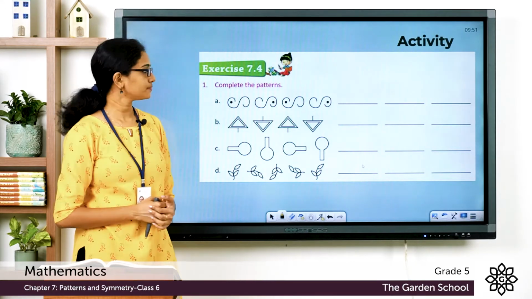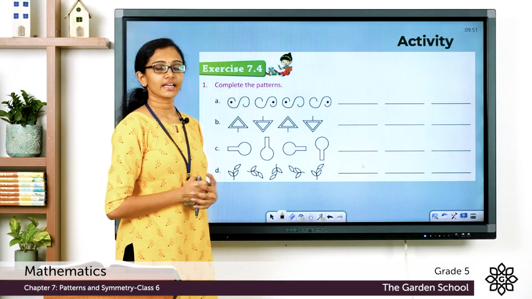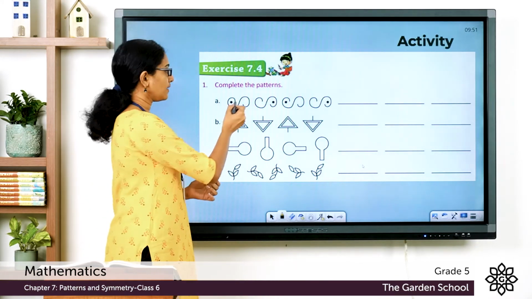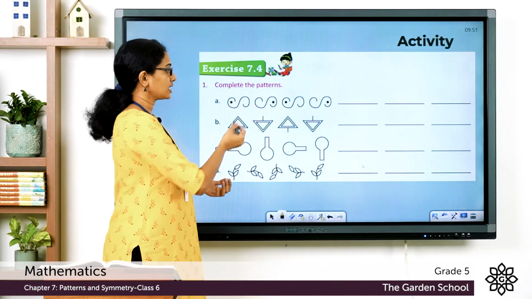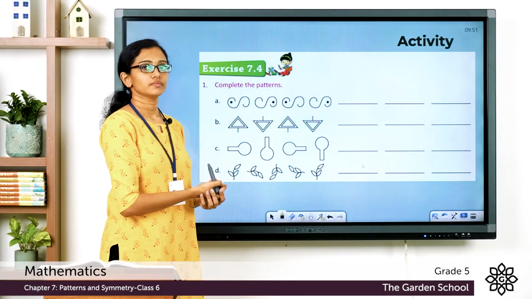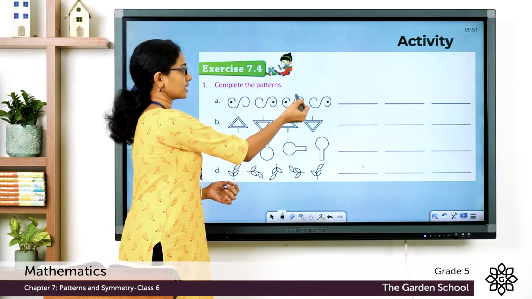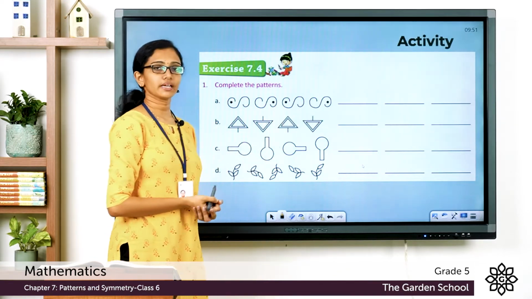Let's see the first one. Question A. Can you say what comes next in this pattern? First you have a curve like this and you have a dot on the left. Then the same curve, but right now the dot is on the right. Then it repeats. A curve, a dot on the left, then the same curve and the dot on the right.